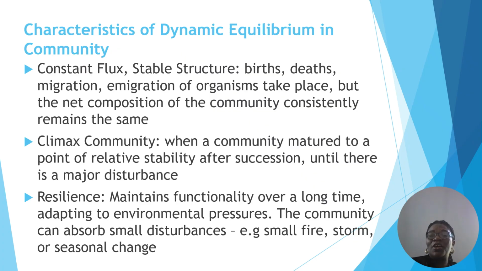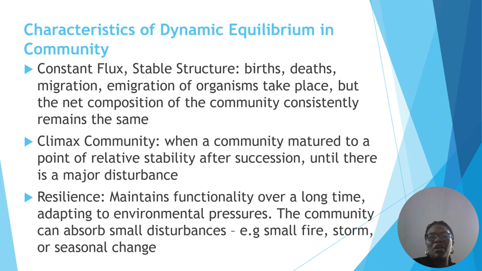That is, we have birth taking place, immigration taking place, death taking place, and in spite of all this, the population of these different organisms still remains relatively the same. So that's what we refer to as constant flux and stable structure.